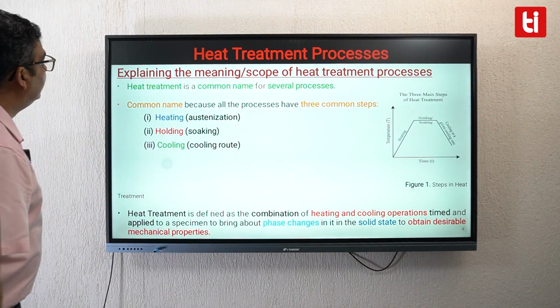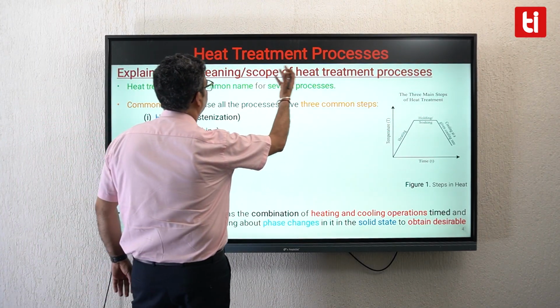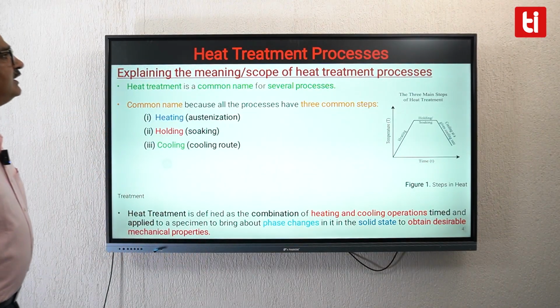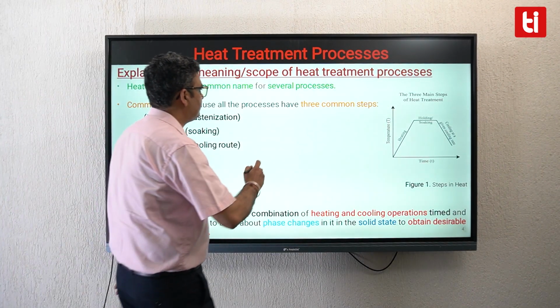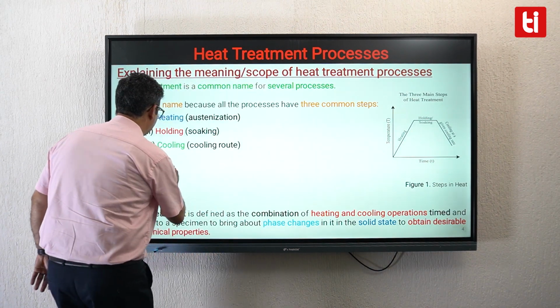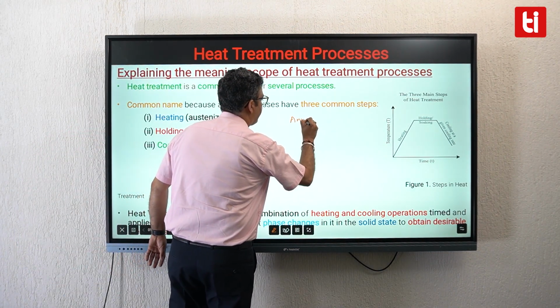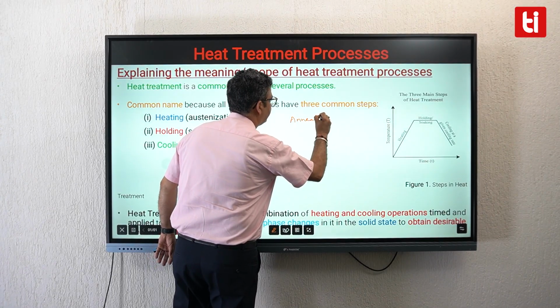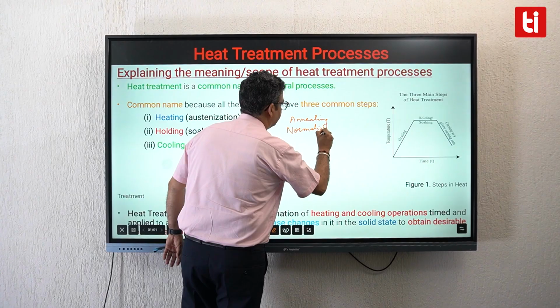Then students, what is meant by this term, or what is the scope of these processes which are called heat treatment processes? As I named some of them, one of the heat treatment processes is called annealing. Then there is another very important heat treatment process called normalizing.